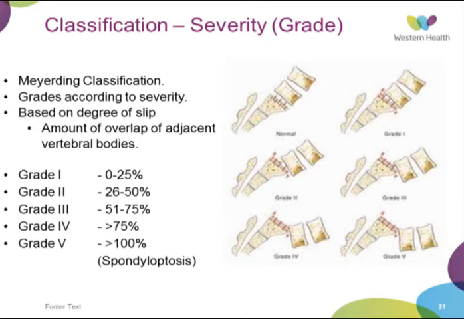Grade 2, between 25 and 50%. Grade 3, 50 to 75%. And grade 4, more than 75%. Grade 5 is when there's 100%, which is known as spondyloptosis. So the whole vertebral body has moved forward compared to the one underneath it.